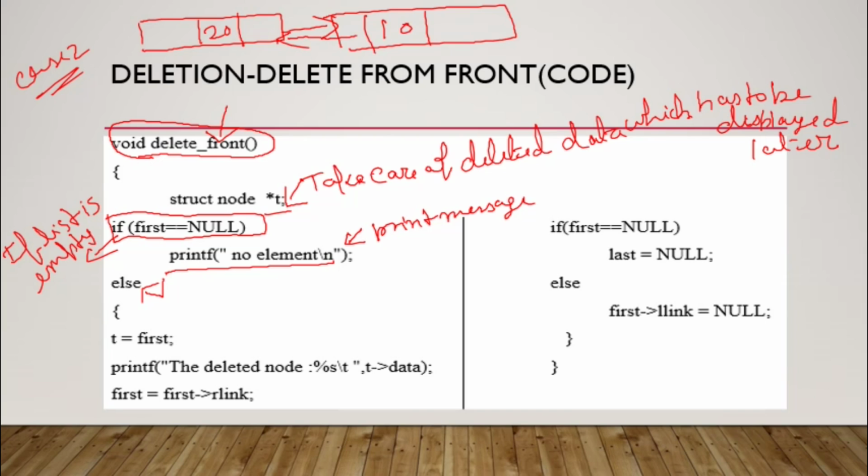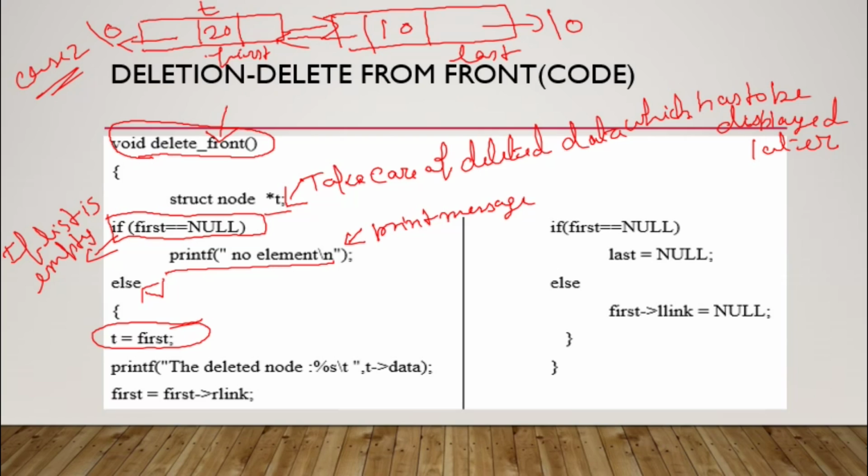The right link points to null, last is here, first is here, and t is also here, because t is equal to first. The left link of the first will always point to null, and the right link of the last node will always point to null.